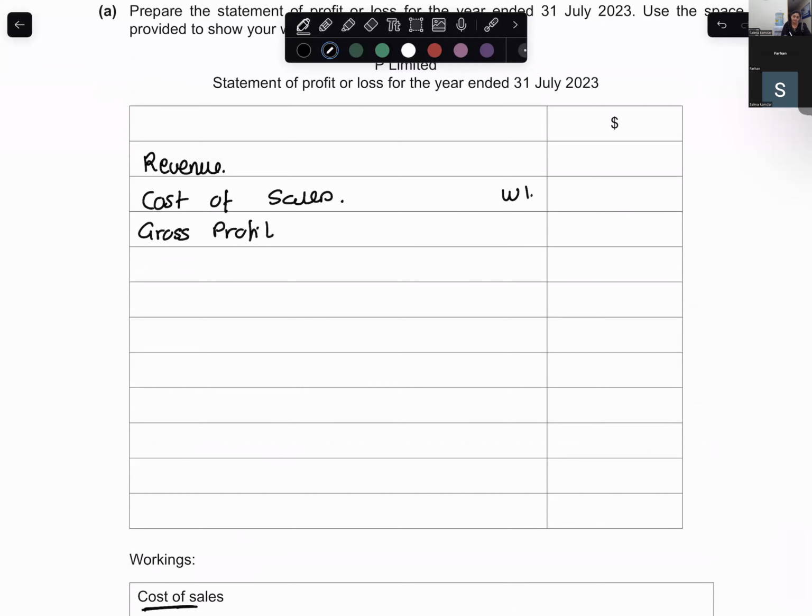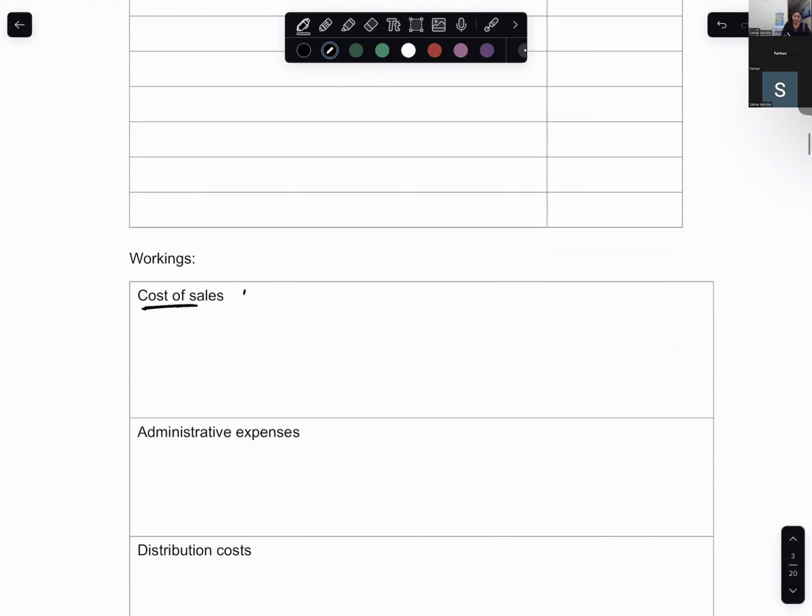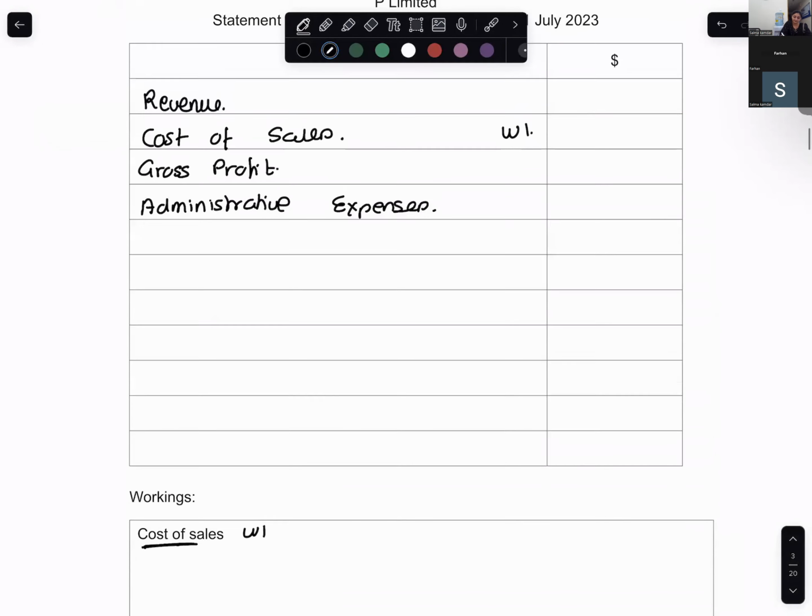Then you will write administrative expenses, and this is working 2, and working 3.